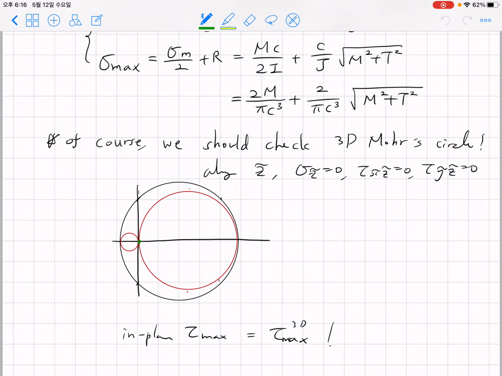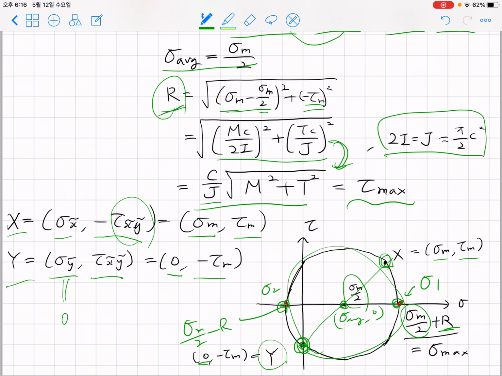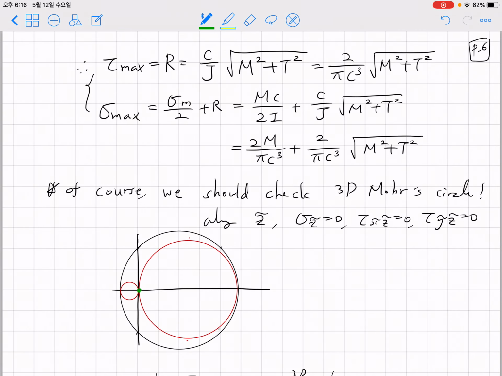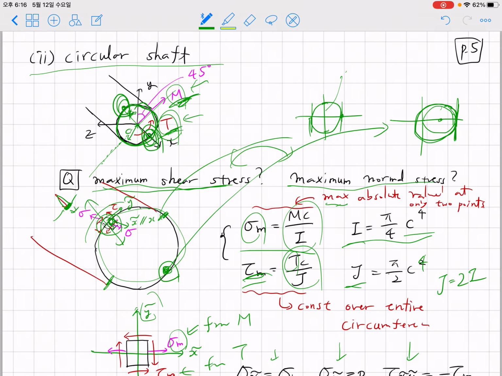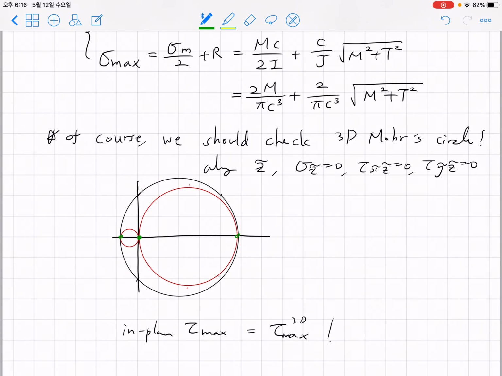So the third principal stress will be exactly located at 0. Originally we have sigma 1 here, sigma 2 here, and the third point will be 0. After completing the 3D Mohr circle, what we have found is this, and at least for the circular shaft problem we consider, the maximum normal stress and maximum shear stress can be directly obtained from in-plane analysis.